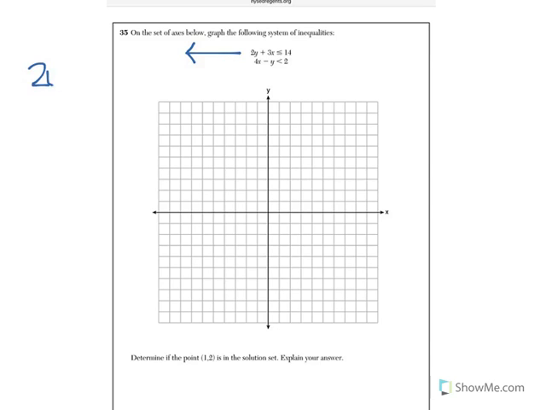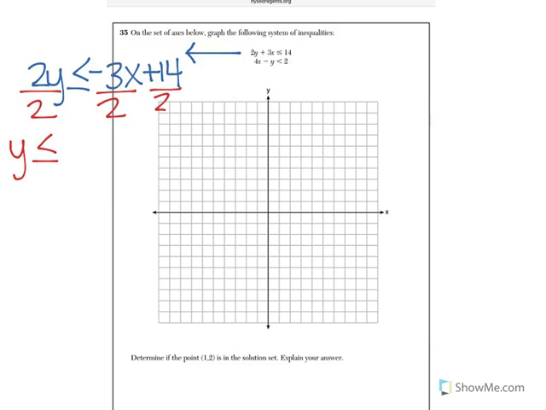And so when I do that, I'm going to have 2y is less than or equal to negative 3x plus 14. Then I need to make sure that I divide every single term by 2 so that y is completely alone, and I will end up with y is less than or equal to negative 3/2 x plus 7.